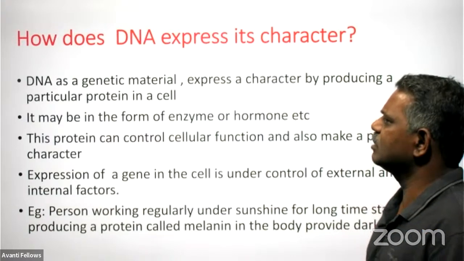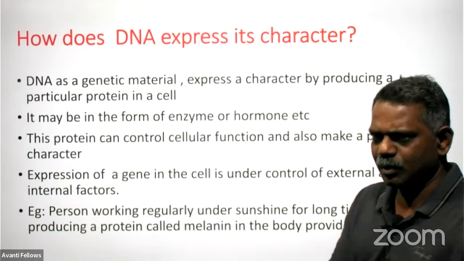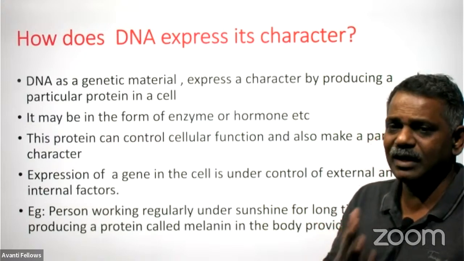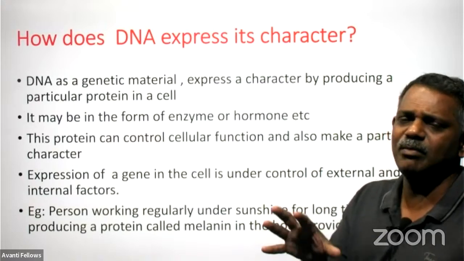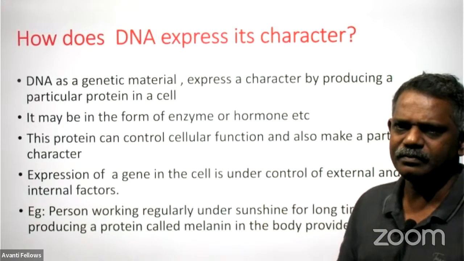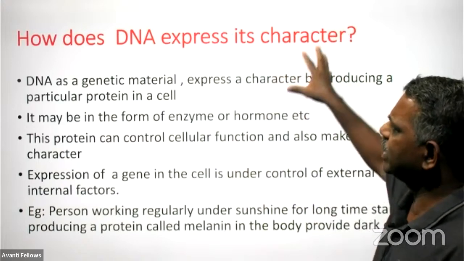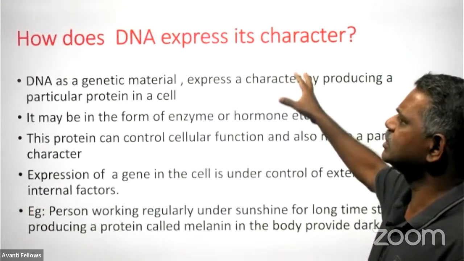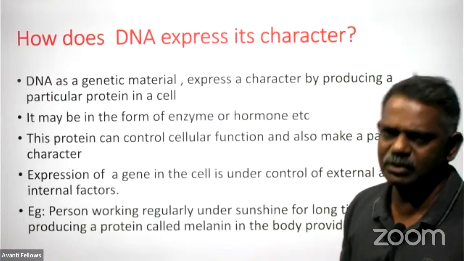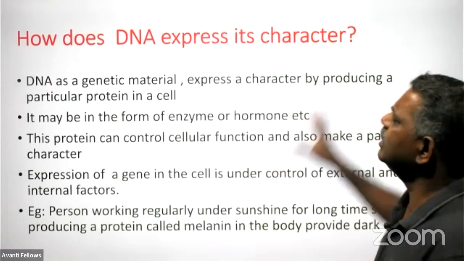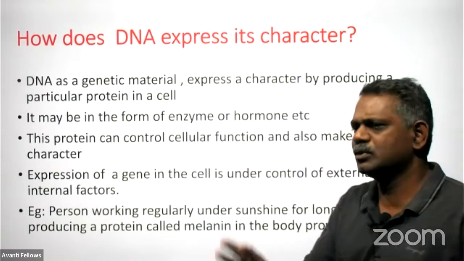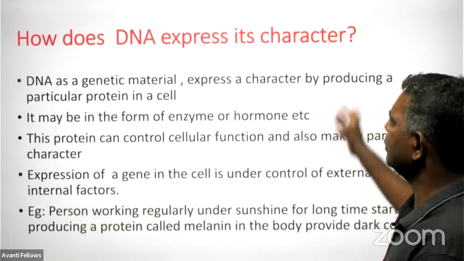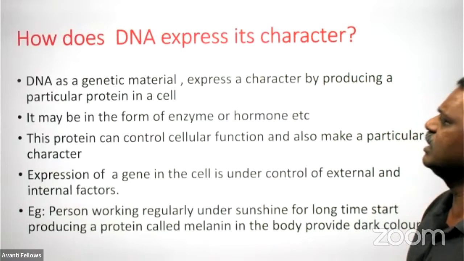A DNA expresses a character by producing an appropriate enzyme in the cell, and at the cellular level, this enzyme makes a lot of changes that ultimately make a specific character in the individual. So normally this DNA is expressing a character only by producing a particular protein. That is what we are going to discuss here in great detail.